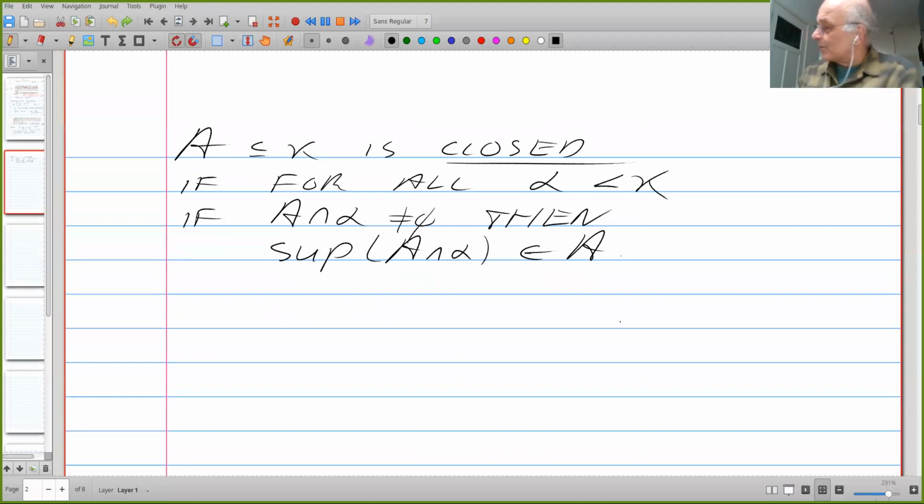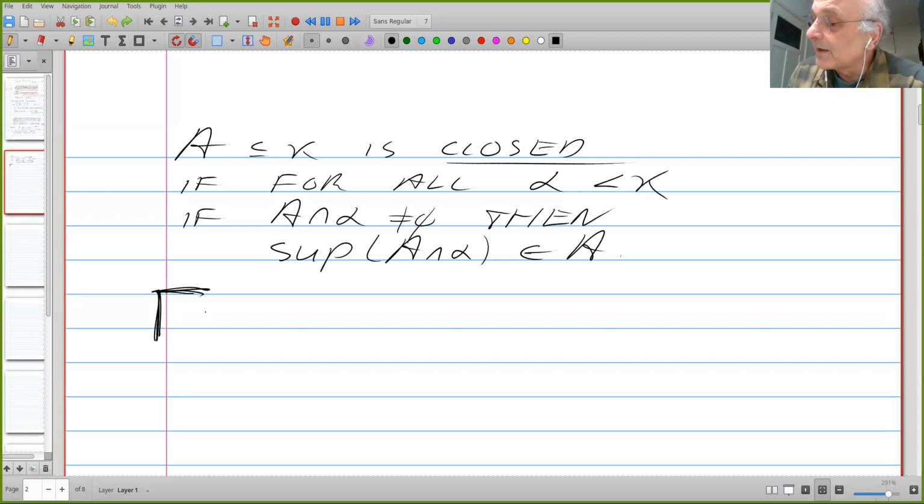For those who know a little bit of topology, this is sort of an exercise. So I'll put this in brackets. If you don't know general topology, don't worry, you don't really need it.